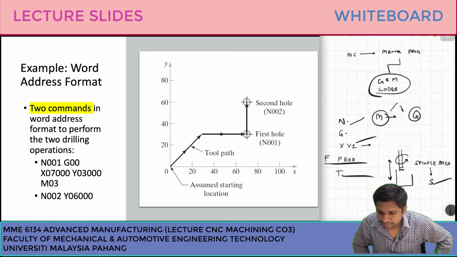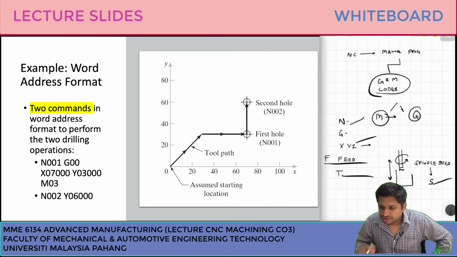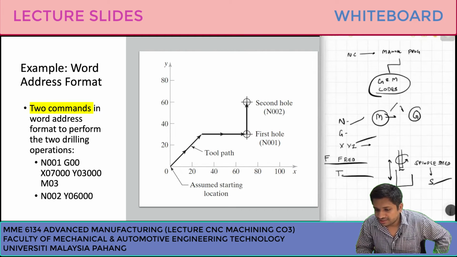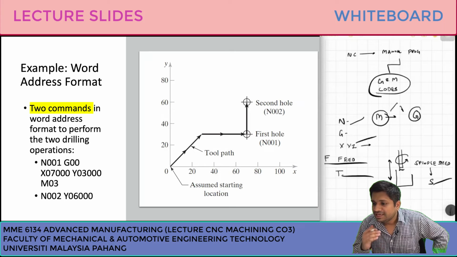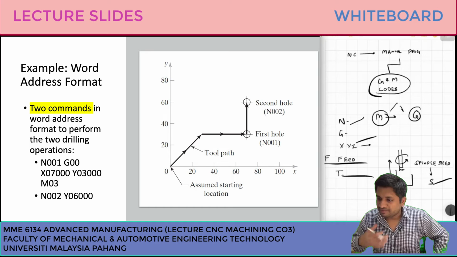So how does the word address look? How does the instruction look? It looks like this. You have N001. N means the line number. Then this is followed by G00. G is basically a preparatory command. Before doing something we prepare, right?